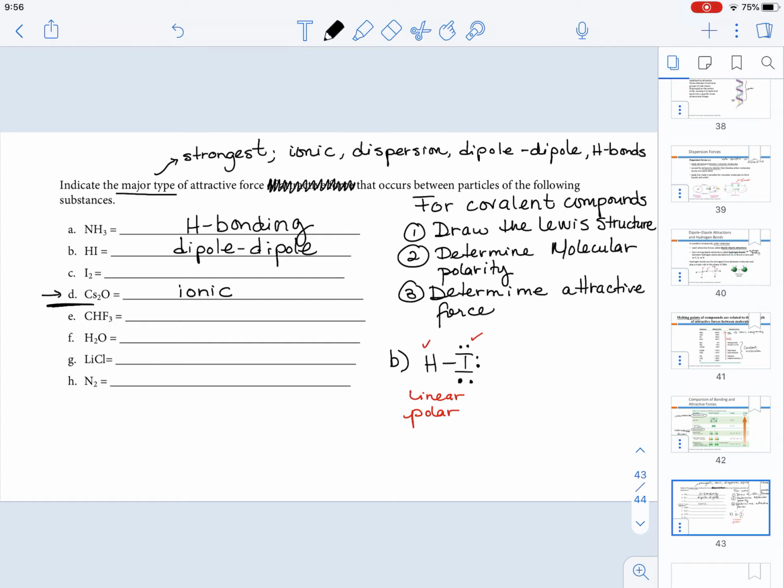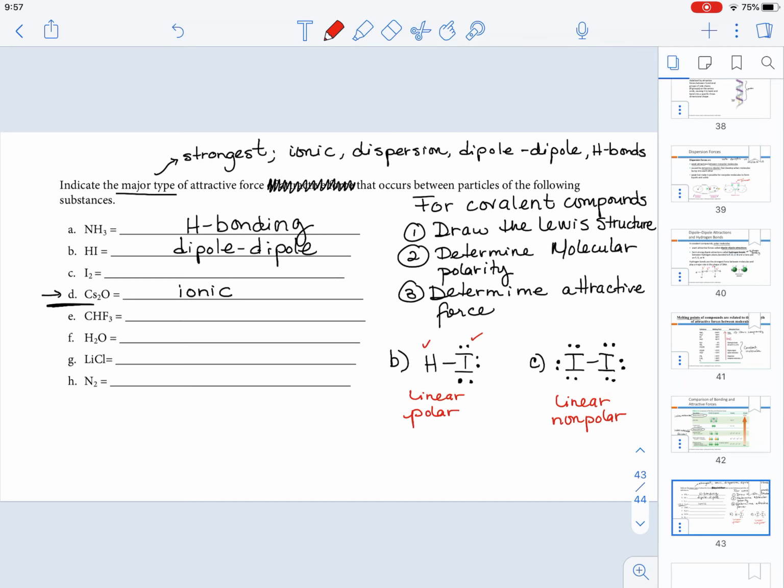Let's do I2. The Lewis structure for I2 is as follows. Now, for I2, understand that this molecule is also linear, but it is non-polar.